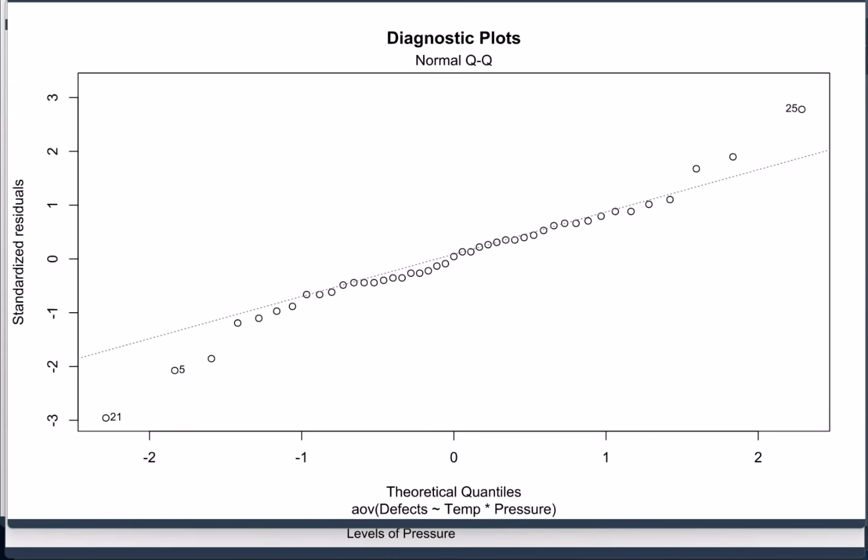Our QQ plot shows that we have a little bit of skew on the low end, followed by a little bit of skew on the high end. And in particular, observation 21 and observation 25 are outliers. They're close to 3 standard deviations from the mean as far as residuals go.